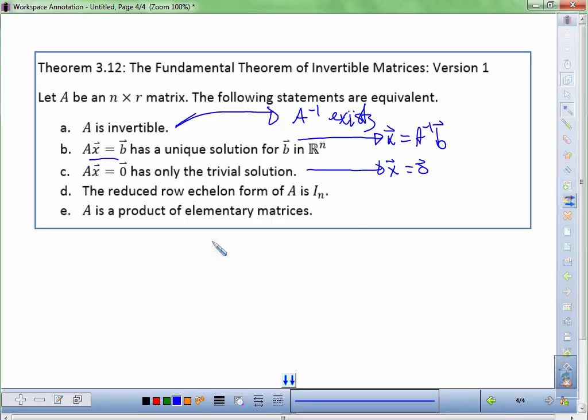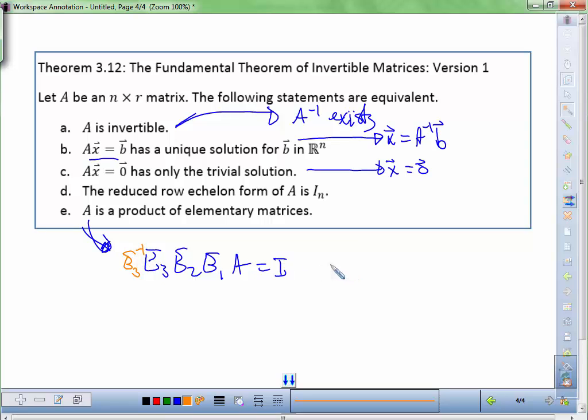So I think the other part that I want to get out of this from the example that we had earlier is that, remember, we had E3 times E2 times E1 times A is equal to the identity matrix. Back then I was interested in finding A inverse, but if I wanted to solve for A here, I would multiply this by E3 inverse.